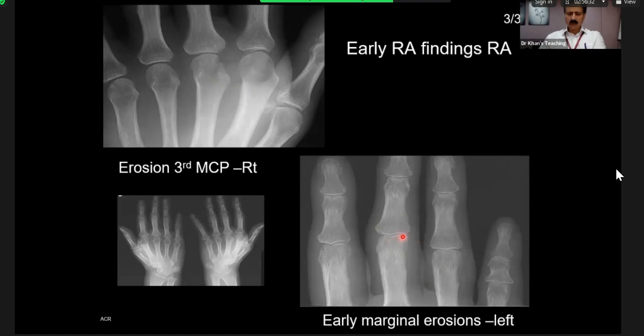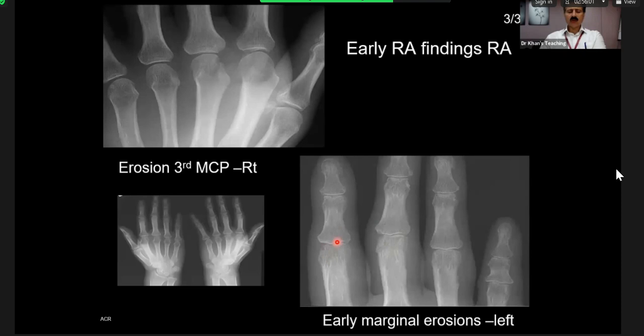Now, if you look carefully, look at this articular surface, which is slightly sclerotic, and you can see that there is a lucency here. We call it the dash dot pattern of early osteopenia or developing erosion. Similarly, you can see here that there is a bit of soft tissue swelling, and with that, there is a developing erosion.